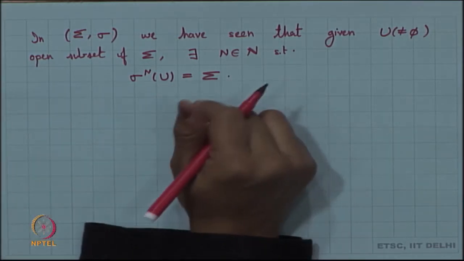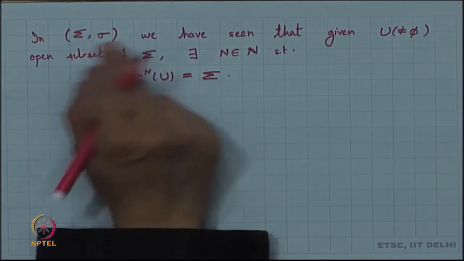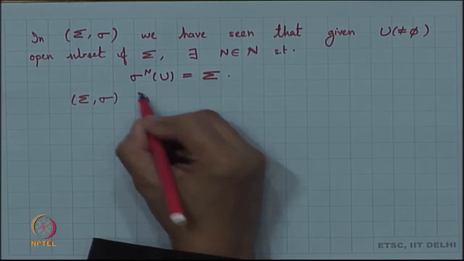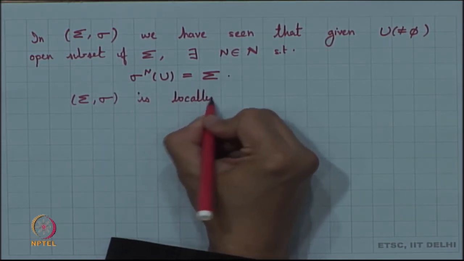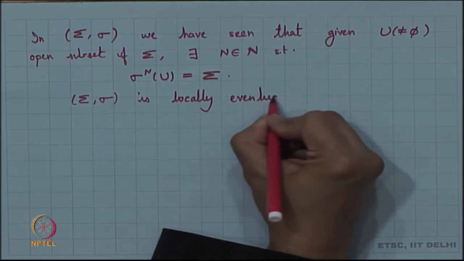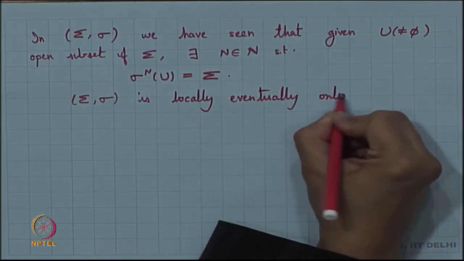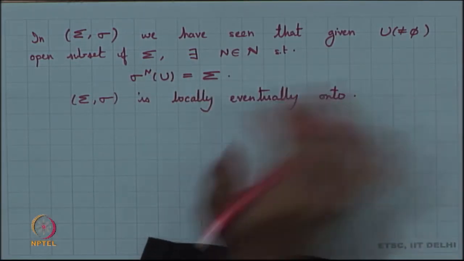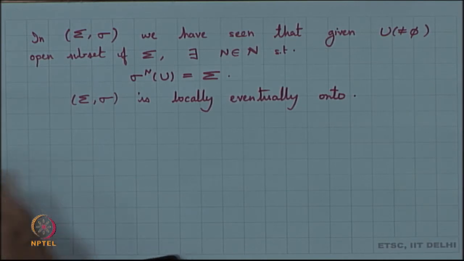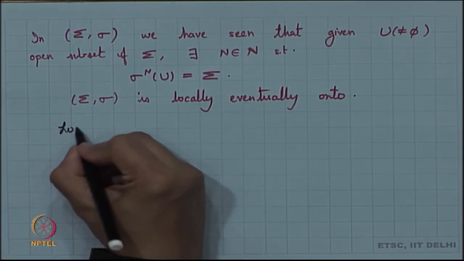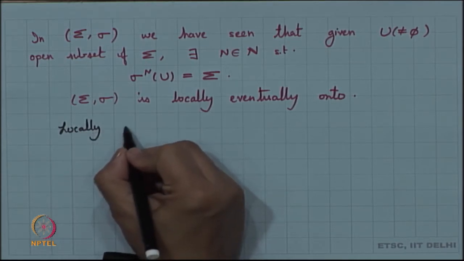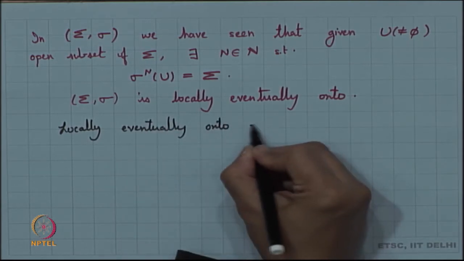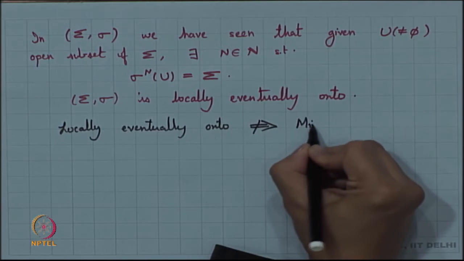We have just seen this example. So, what do we know about this particular example? This is basically locally eventually onto. And definitely this example is not minimal. So, we can say that in general locally eventually onto does not imply minimal.